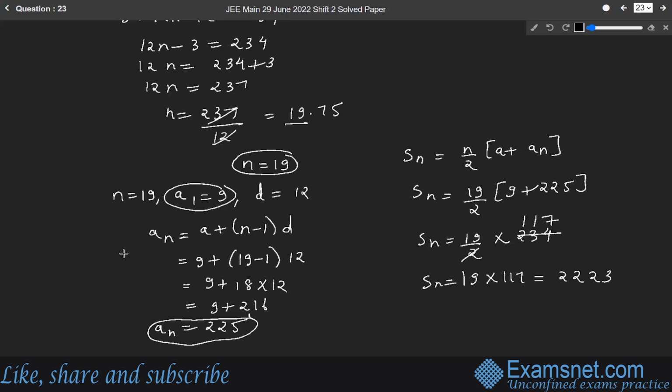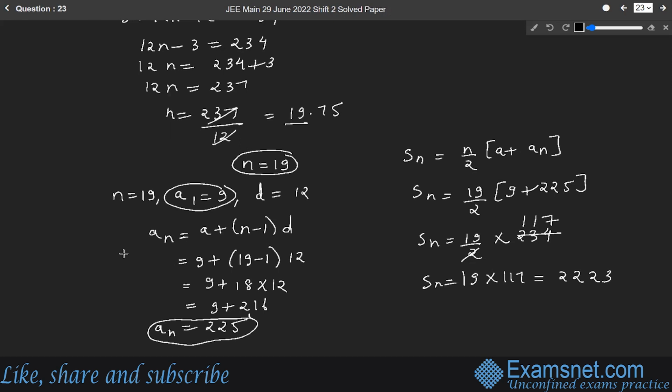So this is the method to solve this kind of question. If two different series are given and we have to find the common terms, we will start with the first term. We will look for the first term that is common in both the series. Then we will find the last term common in both the series. And then we can easily find the sum for the common terms in two series.